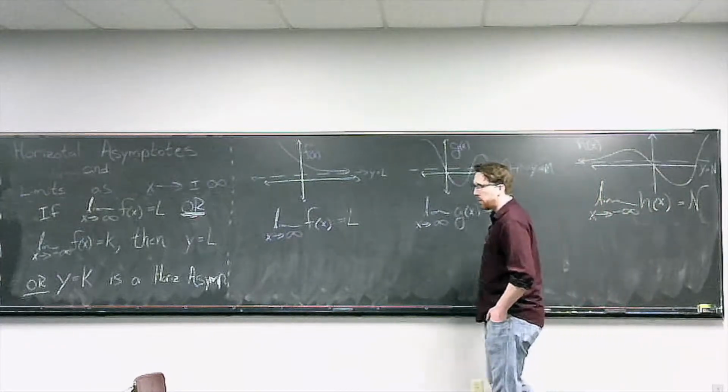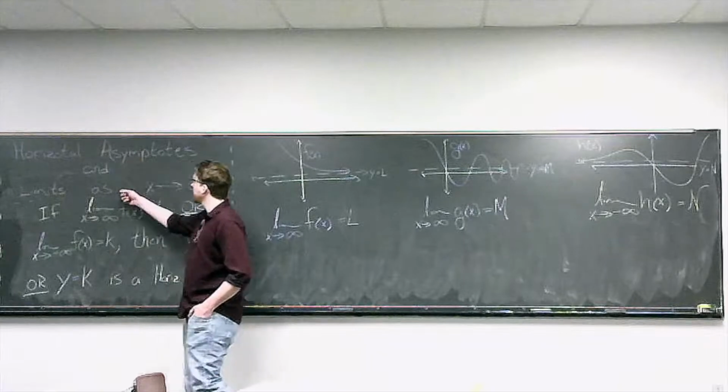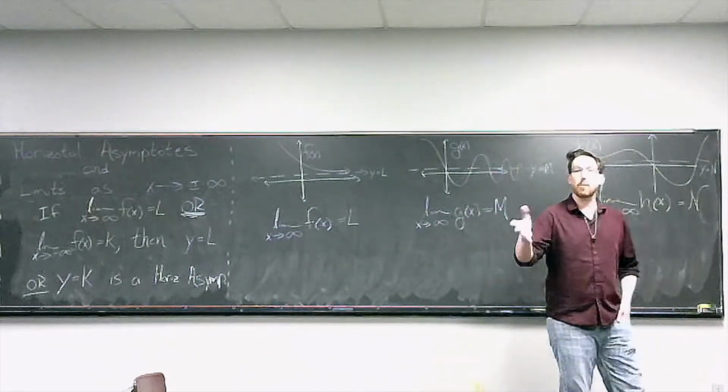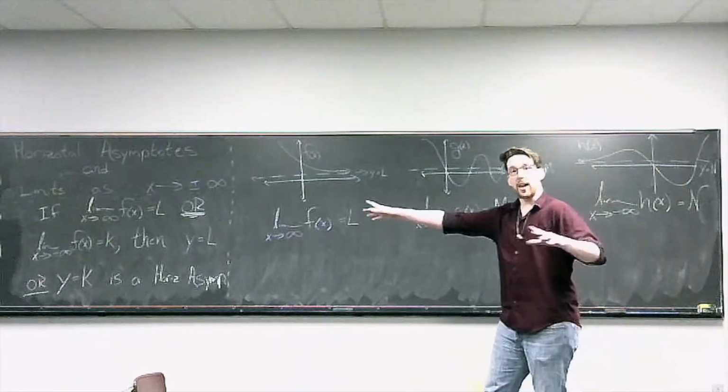What section 3.4 is all about is this idea of horizontal asymptotes in limits as you let x tend to plus or minus infinity. So to either extremes of the x-axis, right?